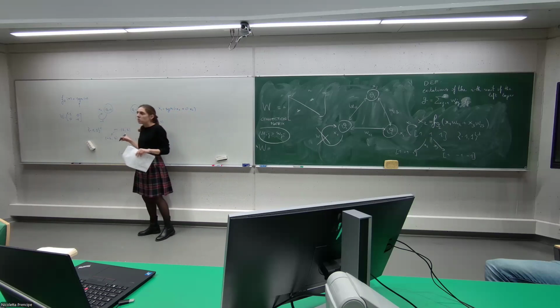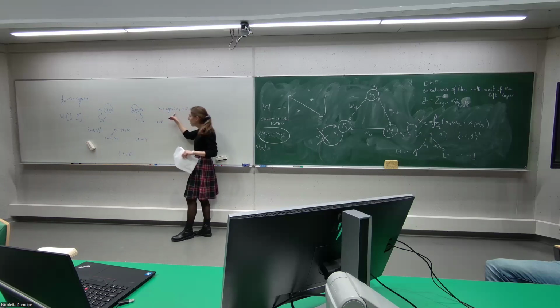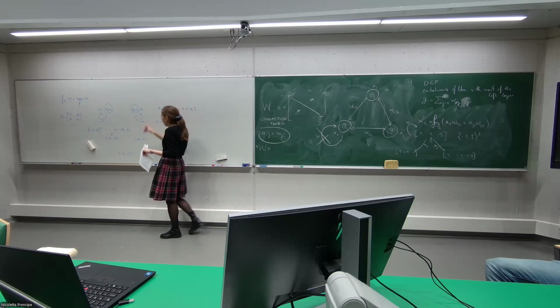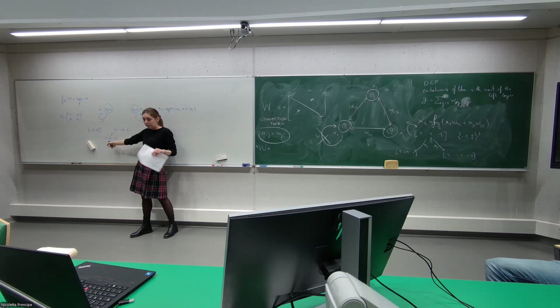If I update x1, the new x1 is given by the sign of -x1. So I have 1, and the sign of -x1 is -1. So I'm flipping my x1 to -1, and x2 stays the same. So if I update x1, I transition to this state.